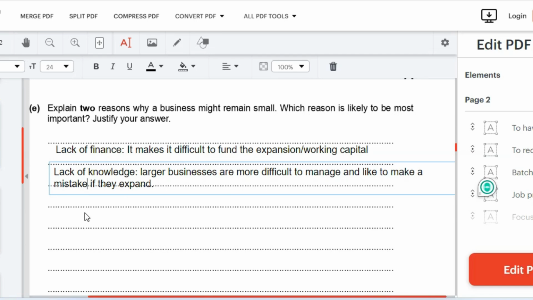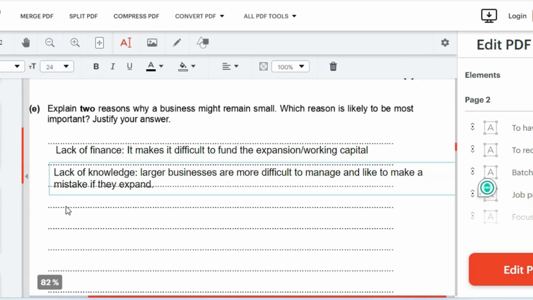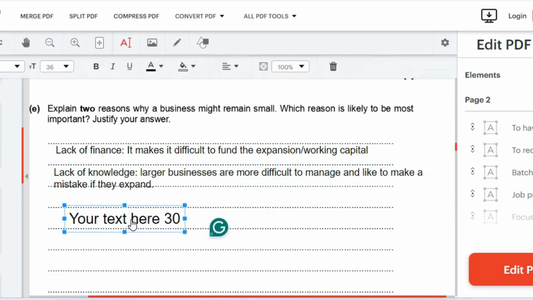Now let's move to the justification of the two reasons we just mentioned above. Let us add text and see what can be in our justification in order to attain full marks.